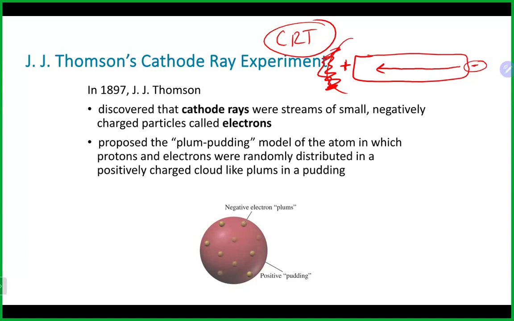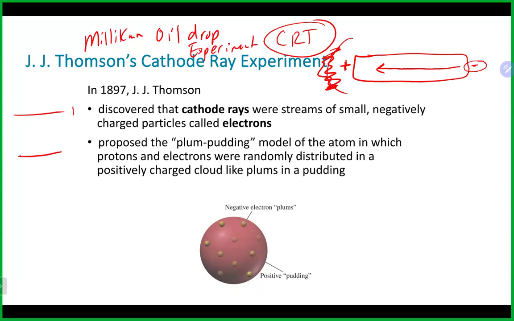A guy that followed him up was named Millikan. Millikan did what is known as the oil drop experiment. That experiment also takes advantage of an electrical field and charges.